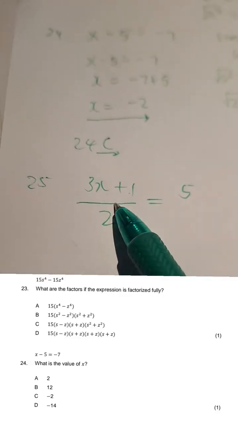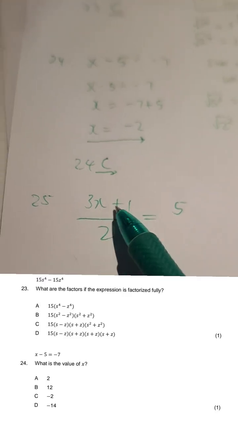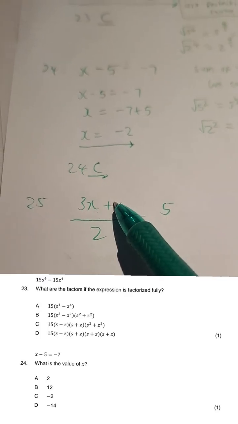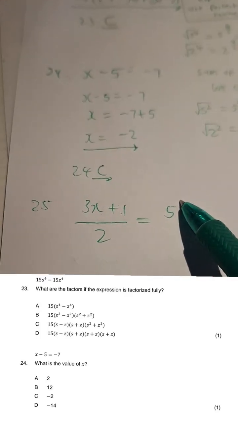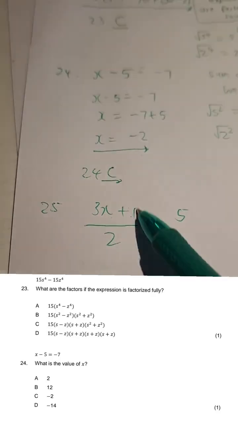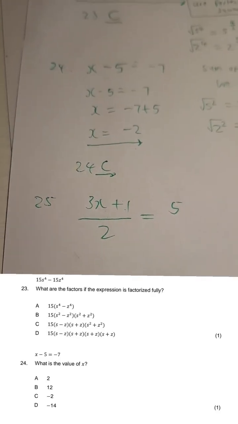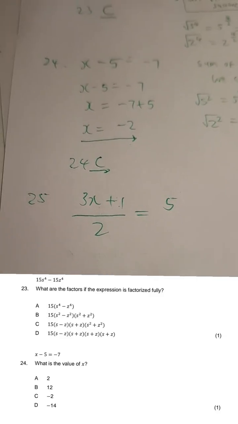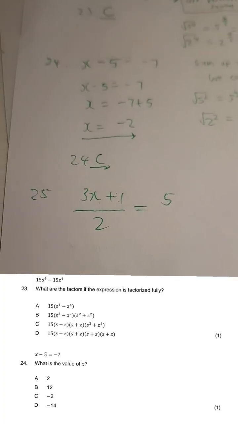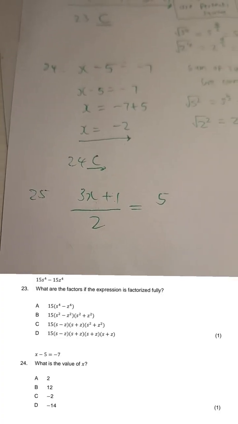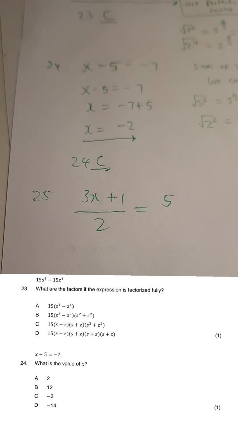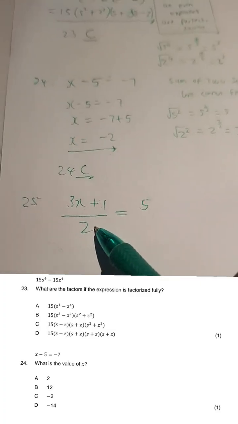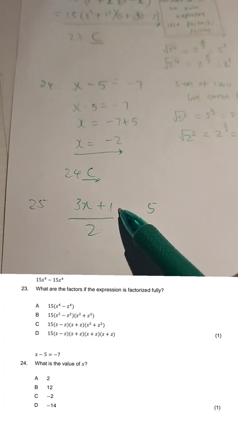That was straightforward. But this one, we have 3x plus 1, it's divided by 2. So we can't take 1, for instance, and just transpose it. Why? Because this fraction, all of it is one term. You can't take plus 1 and just transpose it. No, no, no. But as Mushi said in the comment section, we have to first multiply to cancel the 2 that is dividing 3x plus 1.